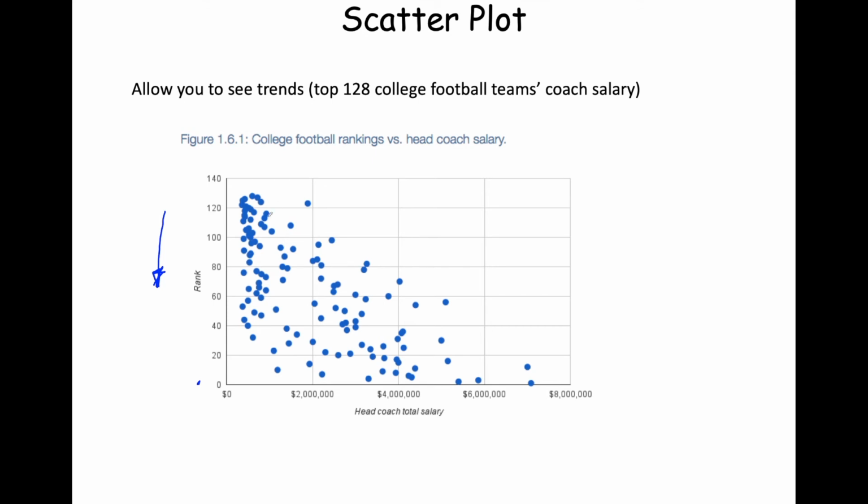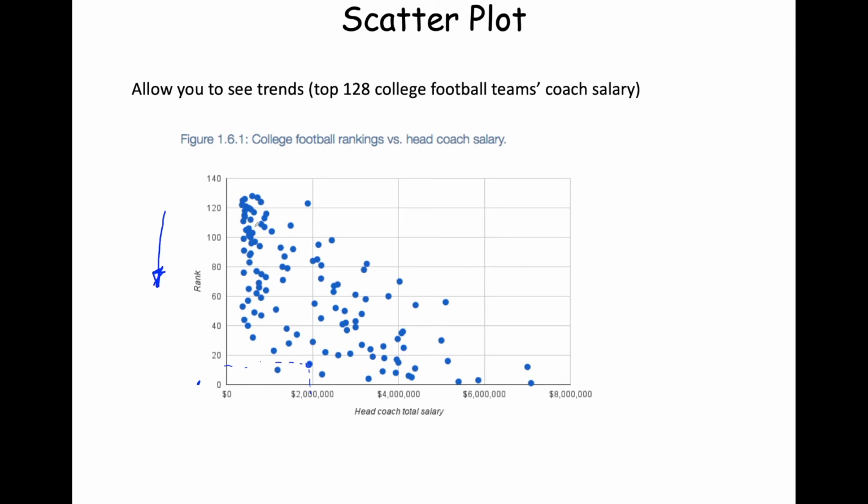Okay, so if we look at this, we see some points, and we see one point here. Let's see. You're about $2 million in salary, and your rank looks like it's about 15, 16 or so. And here we see $7 million salary, and your rank is number 1.